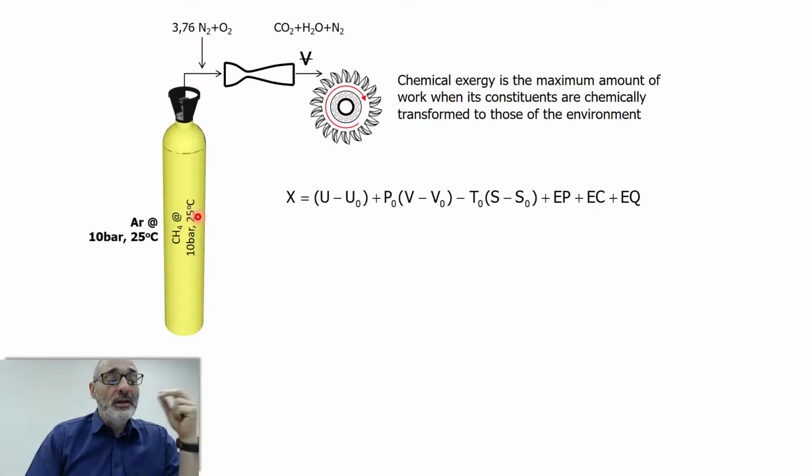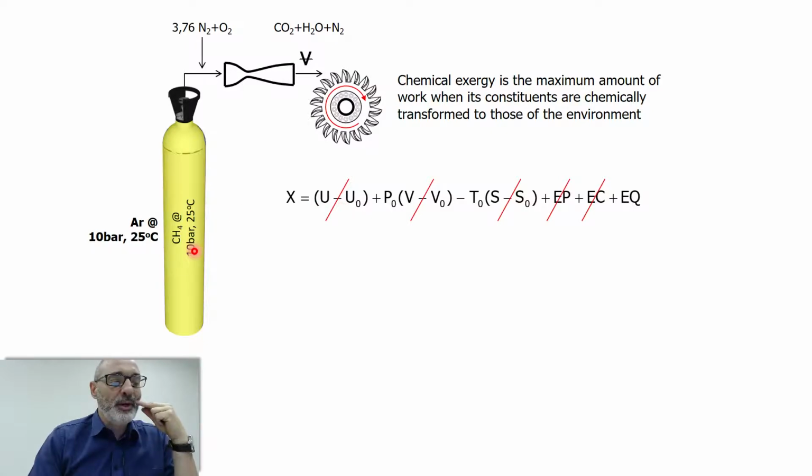So at the beginning, the exergy of methane here is defined as the same: a thermodynamic component plus potential plus kinetic exergy, and chemical. In the first stage, inside the bottle, all this is zero because U is equal to U0.